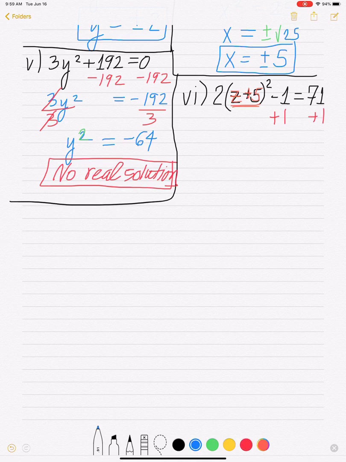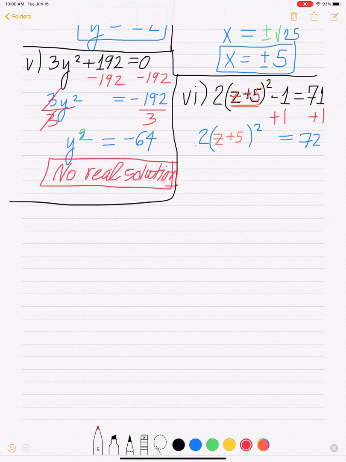That's going to leave me with 2 times, in parentheses, z plus 5 squared. Okay, the negative 1 and the positive 1 cancel. We get equals, what, 71 plus 1 is 72. Remember, our object here is to get z plus 5 by itself. So before we eliminate the exponent of 2, we have to eliminate the multiplication by 2 in front.